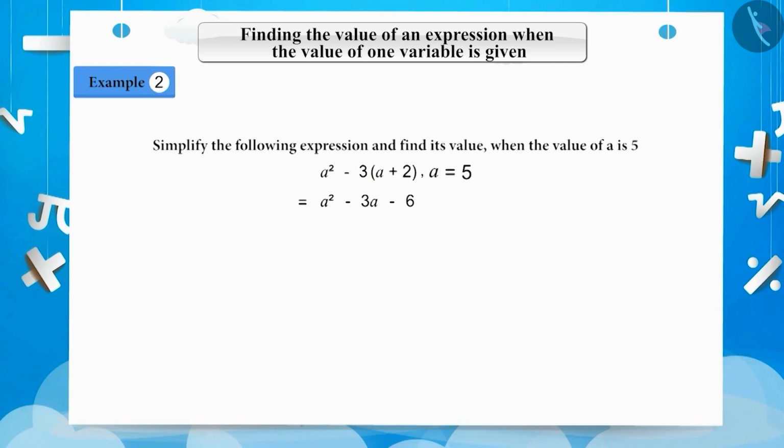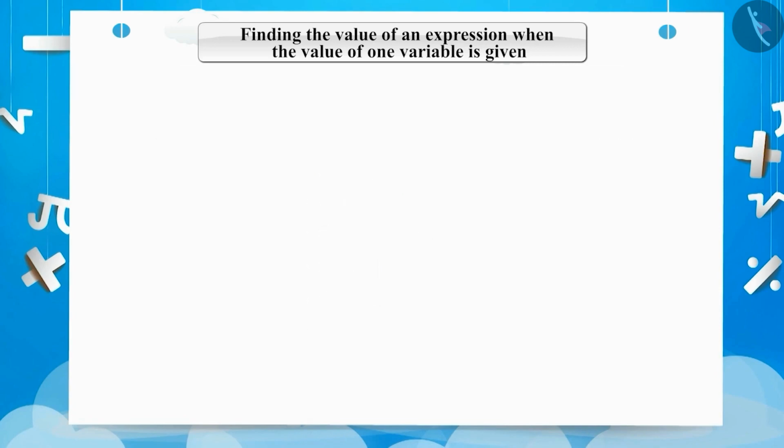Substituting a equal to 5 in this expression, we get 5 square minus 3 multiplied by 5 minus 6, is equal to 25 minus 15 minus 6, is equal to 25 minus 21, is equal to 4. The solution to this is 4.